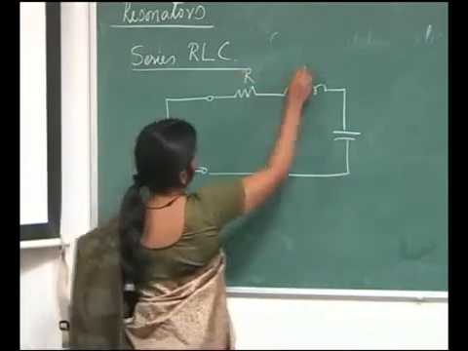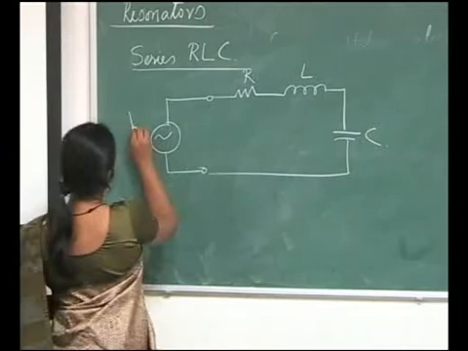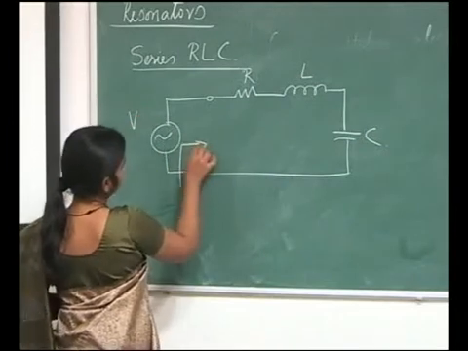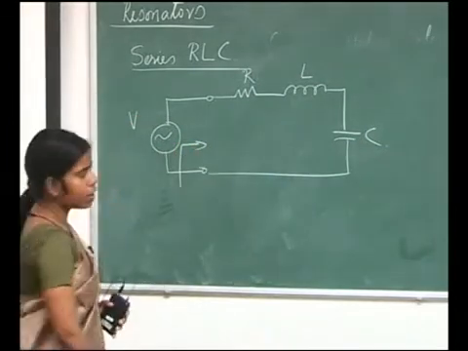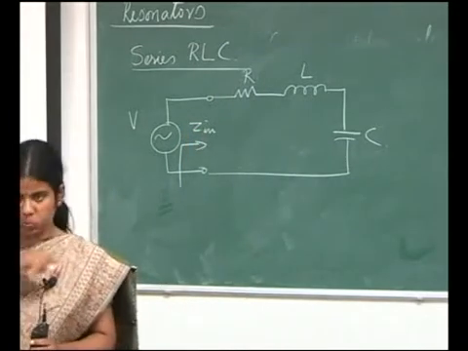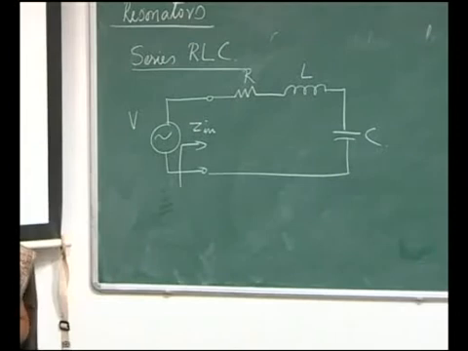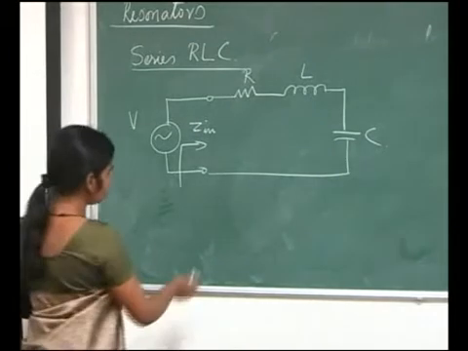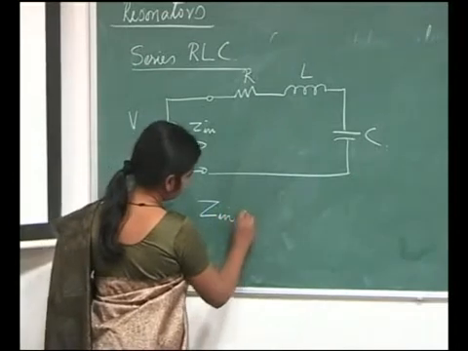This is R, this is L, this is C, and this is V, and when I look from this terminal, what I see is the input impedance of the circuit. Is it okay? Now can I write an expression for input impedance?